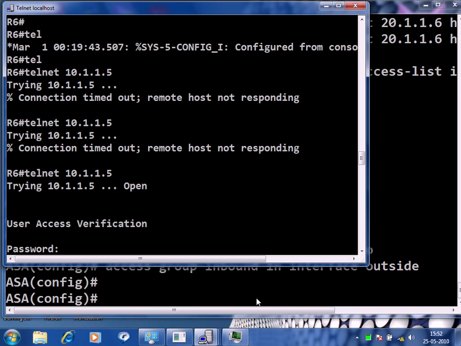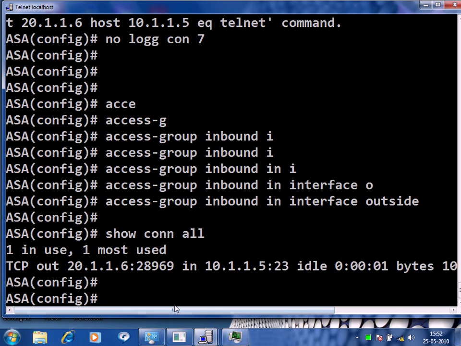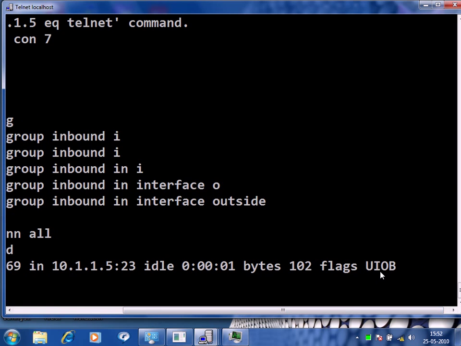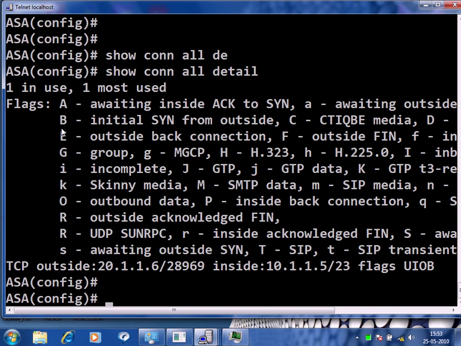Right? Now see. Now here again you execute the command show connection all. Last time it was UIOB, right? So, show connection all detail. What does B stand for?